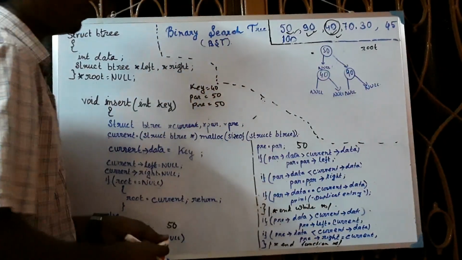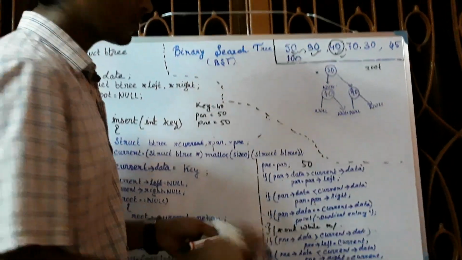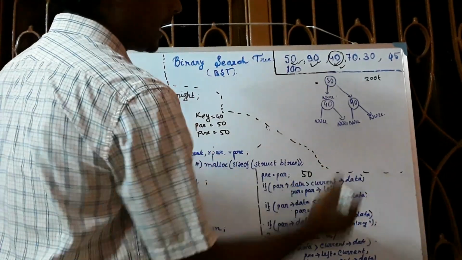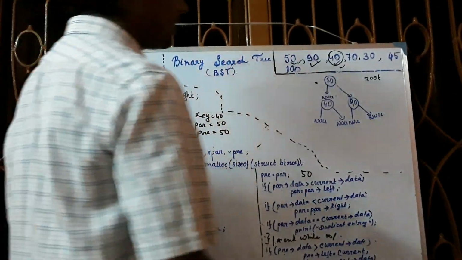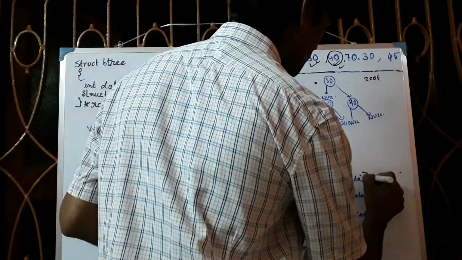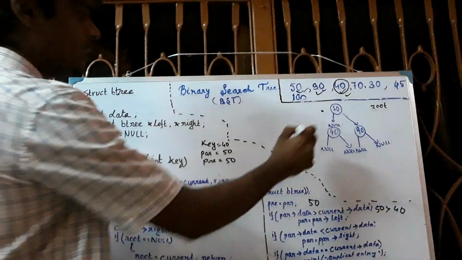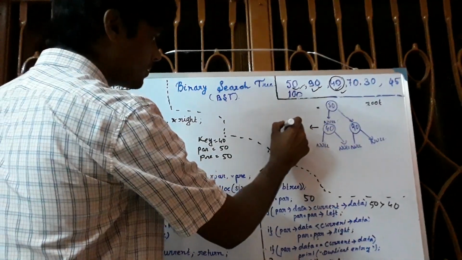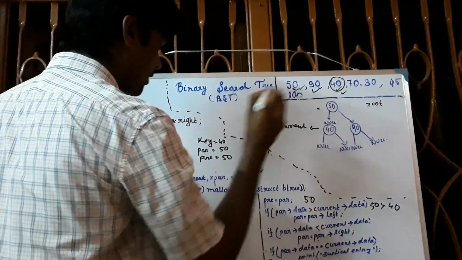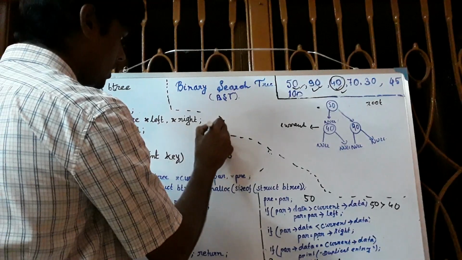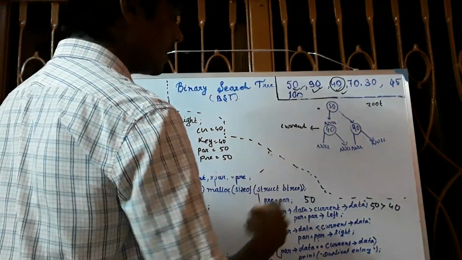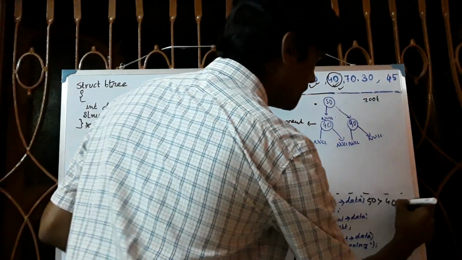Slight mismatch happened. Is it understandable? Par arrow data greater than current arrow data. What is par? Par is 50. Par arrow data greater than current arrow data. Because why? This is my current, right? Current is my 40. So I can write current equal to 40. So this condition is true now.